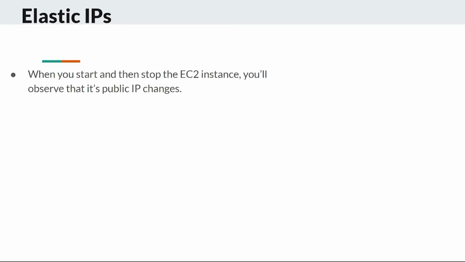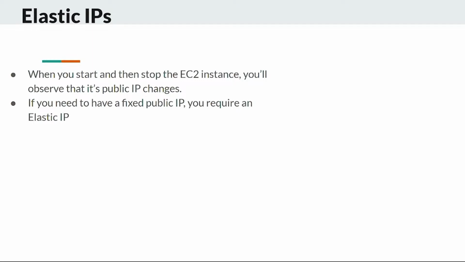So whenever you start and then stop the EC2 instance, you will observe that its public IP changes. Okay, it just changes and it gives you different values whenever you start and stop the EC2 instance. And if you need to have a fixed public IP address, then you require an elastic IP.